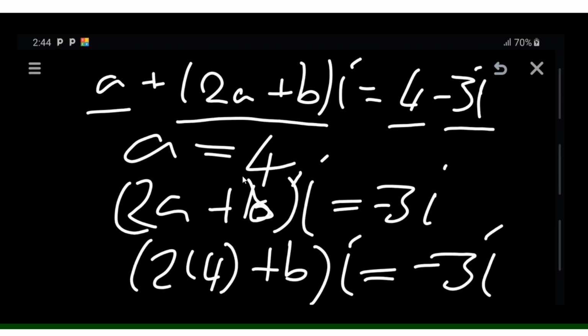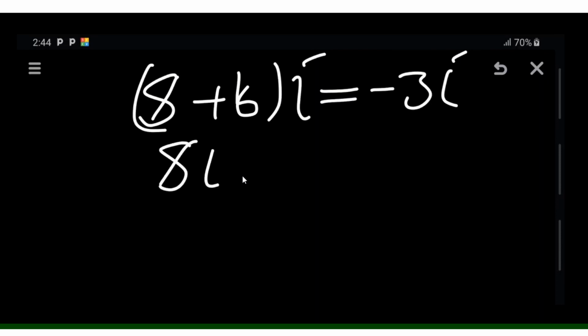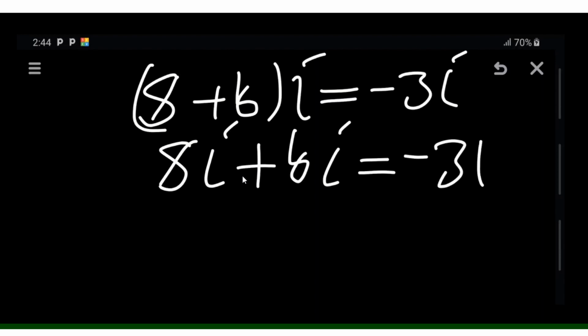So 4 times 2 is 8. From there I'm getting 8 plus b is equal to minus 3i. You multiply everything by i, so I'm having 8i plus bi is equal to minus 3i.